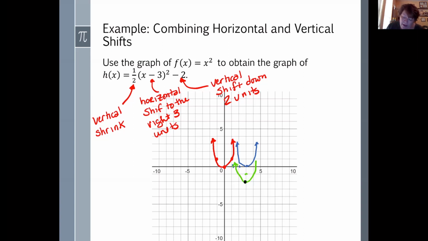So it's going to go there, but now we take that vertical point and cut it in half. That's a terrible graph, but you get the gist. We're moving it to the right 3 units, moving it down 2 units, and then taking each y coordinate and cutting it in half. We're multiplying each y coordinate by 1/2.